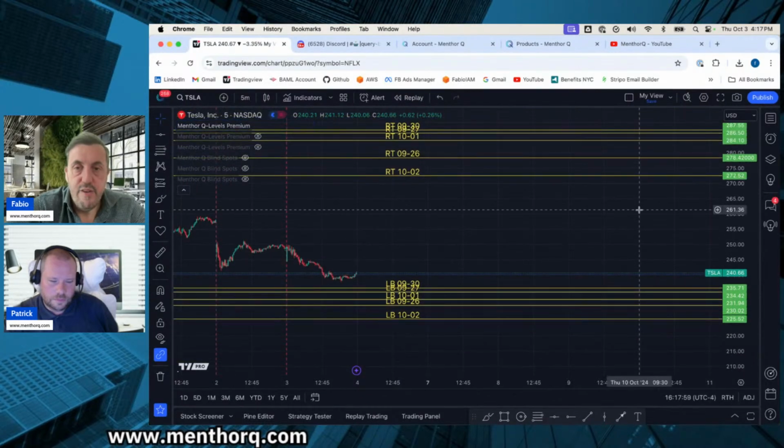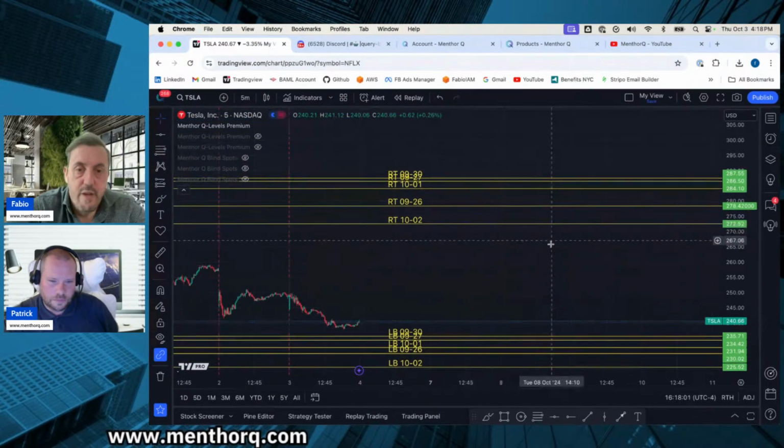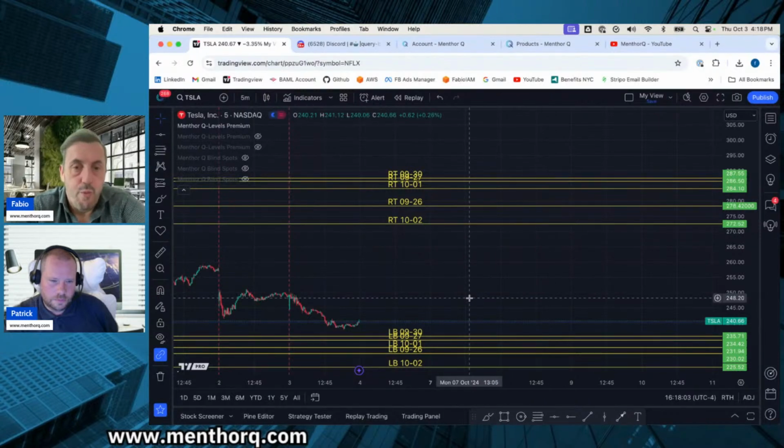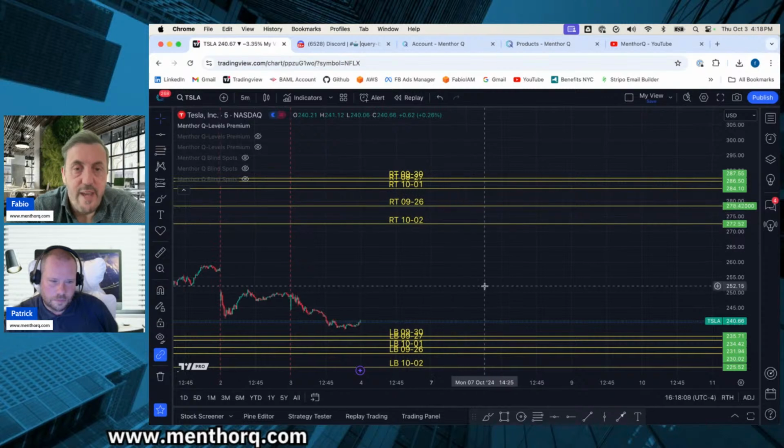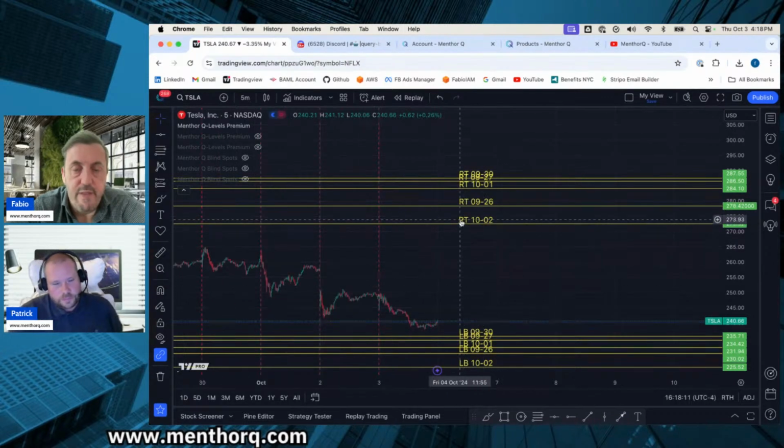Now here we have our swing levels for the past 5 days. Very interesting here: what you want to monitor is whether the level decreased or increased. So you want to see how this changes. You have the risk trigger, the lower band, and then you have the date. So 9/26, we still have the level at play. This was the risk trigger of 9/26. We also have 10/01, 9/29 right here, and the latest one has gone down.